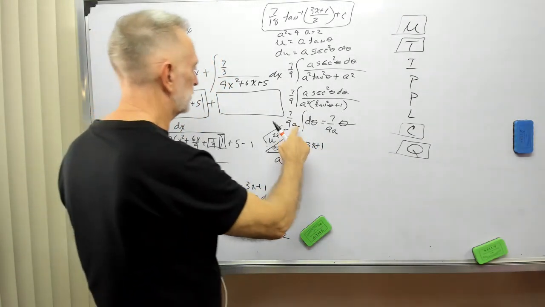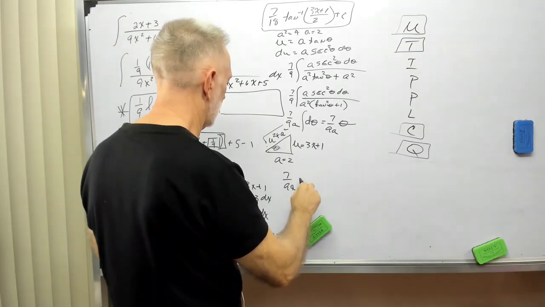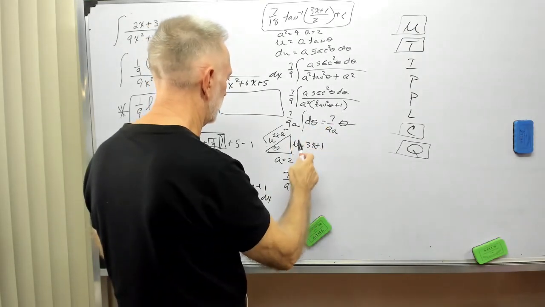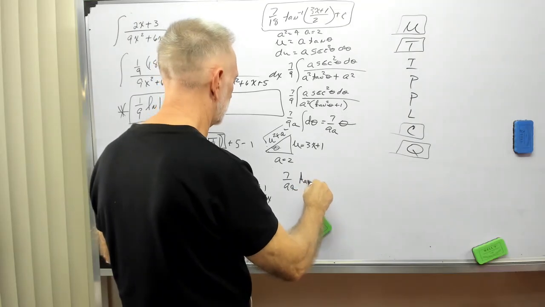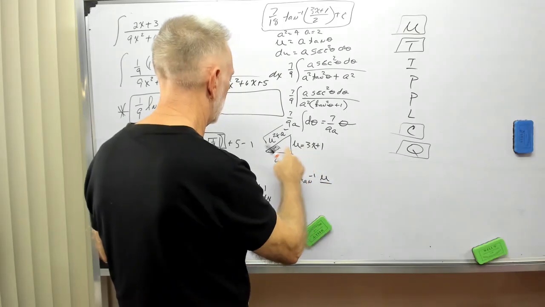Now then, I have 7 over 9a theta, and theta is tangent inverse of u over a.